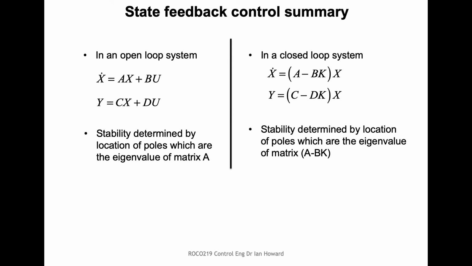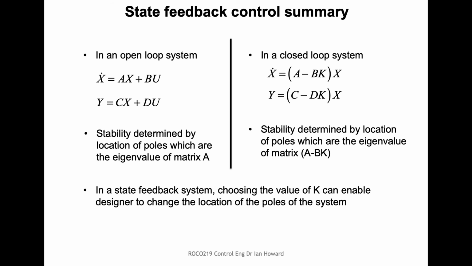Stability now is related to the eigenvalues of the matrix A minus BK. And in state feedback control systems, because we've got this K in there, choosing the value of K lets us put the eigenvalues or the poles of the system where we want them.